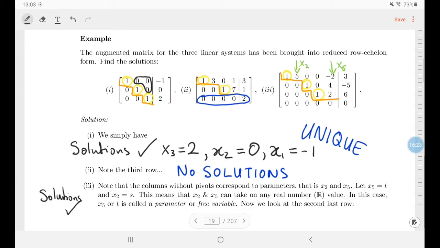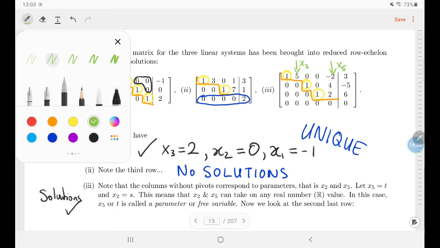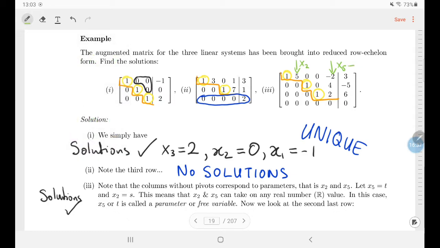They can take on any possible value. Now you could just leave them as x2 and x5 and just say the parameters, but I think it's nice to give them different names to kind of emphasize this. So usually what I'll do is we'll call the last one t. And if you have another one, you can call it s. I don't think I give you a problem where there's more than 2 parameters.